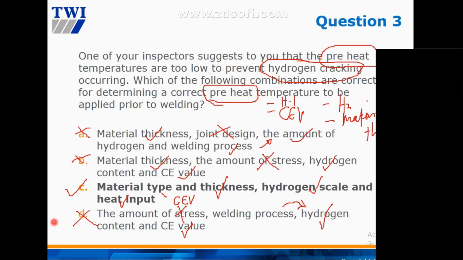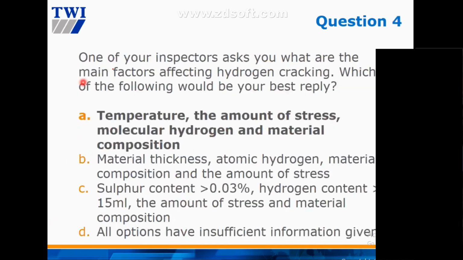All right, we move to question 4. One of your inspectors asks you what the main factors affecting hydrogen crack are. The answer goes to A, yes, because temperature when it's less than 300 degrees C, amount of stress when it's more than 0.5 yield strength, molecular group of hydrogen, that's correct.